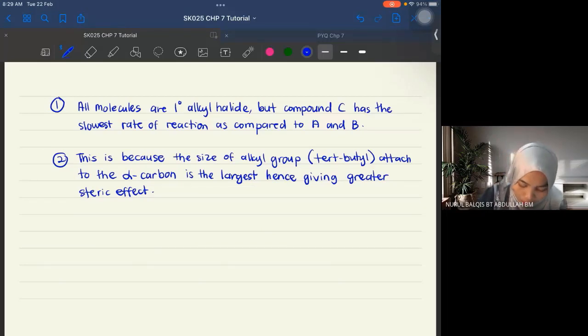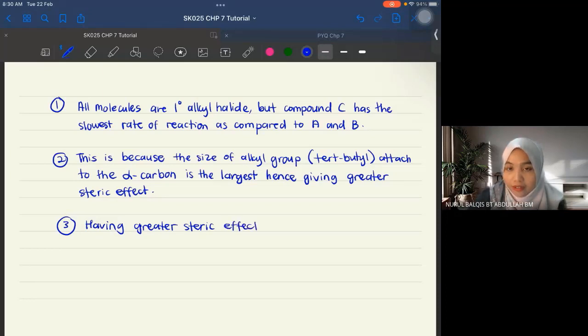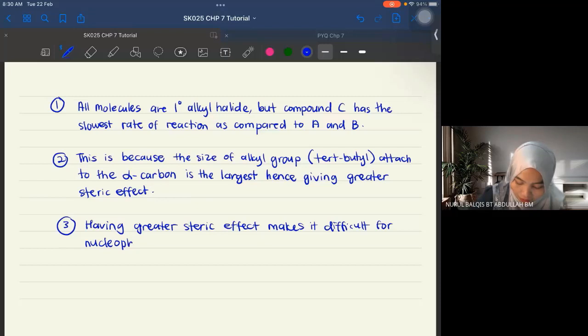So, boleh sambung. Awak boleh kata, having greater steric effect makes it difficult for the nucleophile to attack from the opposite direction, ataupun from the back side.